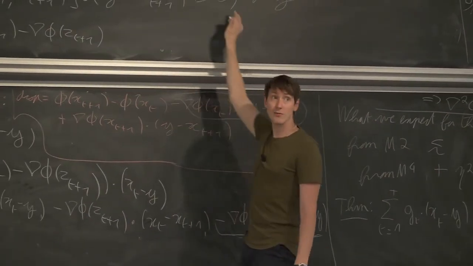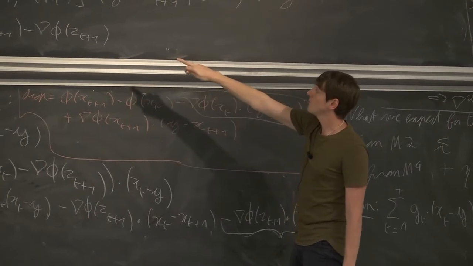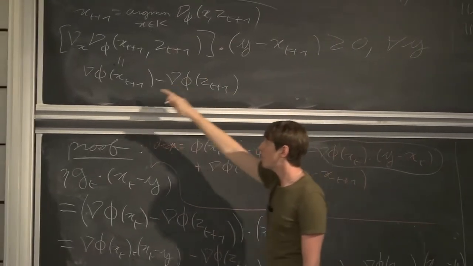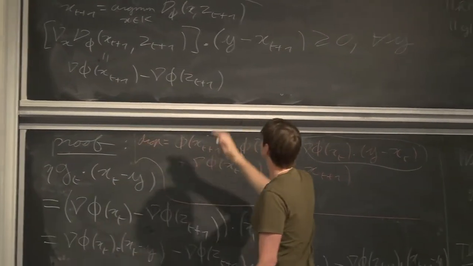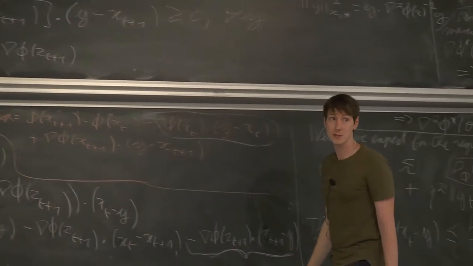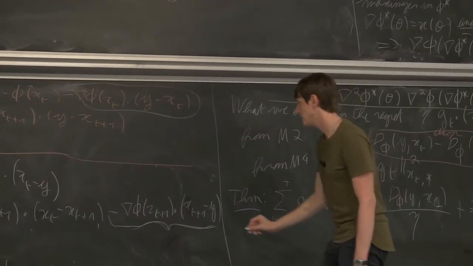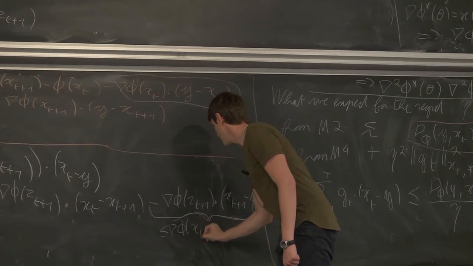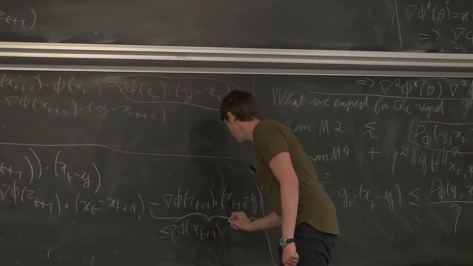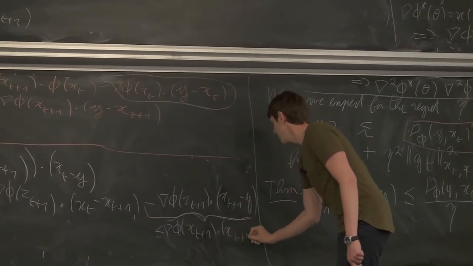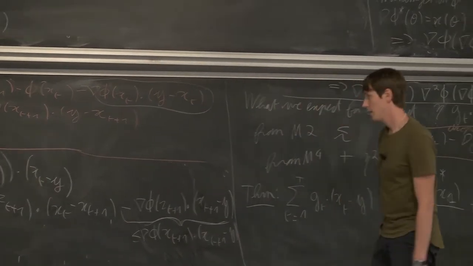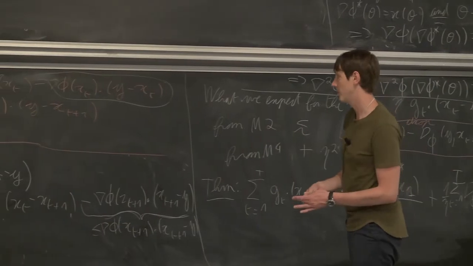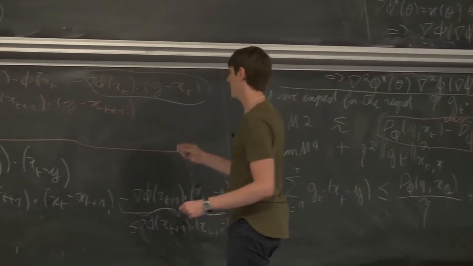If I put this grad phi on the other side, I get grad phi zt plus 1 inner product with y minus xt plus 1 is upper bounded by grad phi xt plus 1 inner product with y minus xt plus 1. Okay, so this is upper bounded by grad phi of xt plus 1 inner product with xt plus 1 minus y. Okay, we're getting there, right? We got one more term, which is this one.